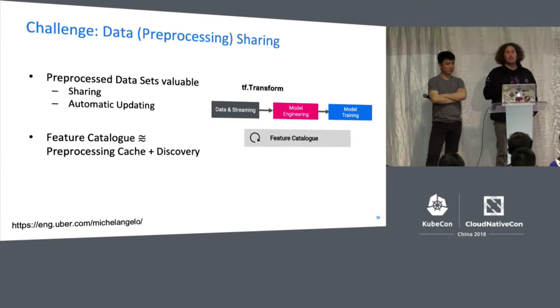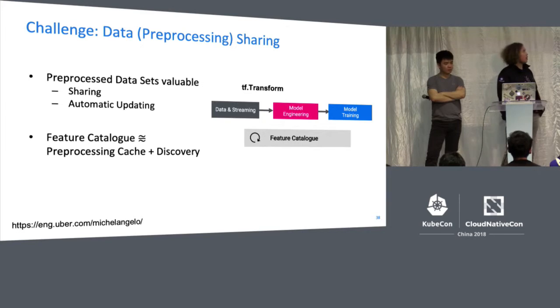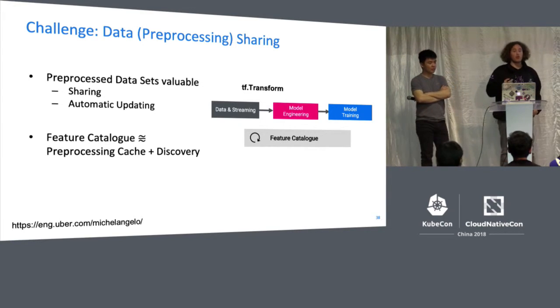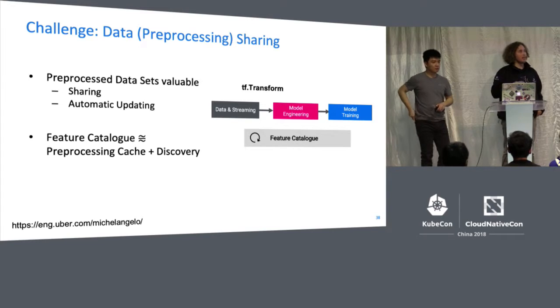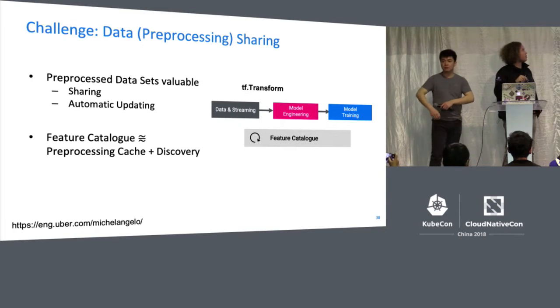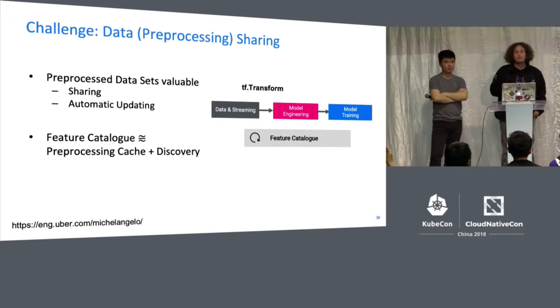The other challenge about data quality or data pre-processing, and this is the feature catalog we saw earlier, is basically about the work we do in cleaning and preparing the data set, for example, if we are in Kubeflow or TensorFlow, like we do with TF Transform.